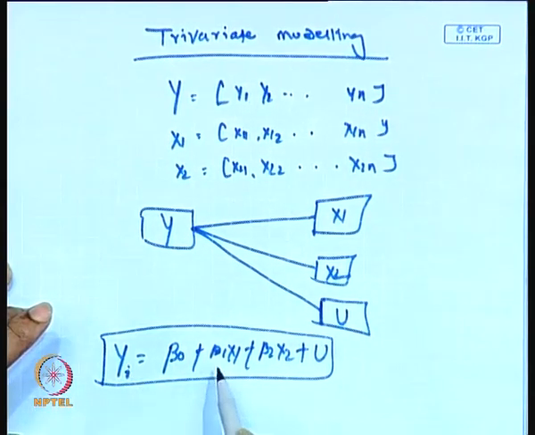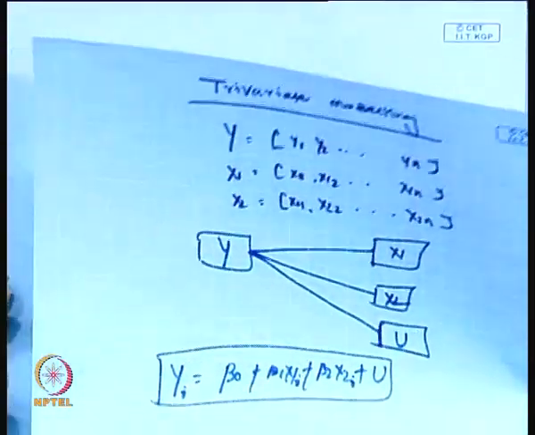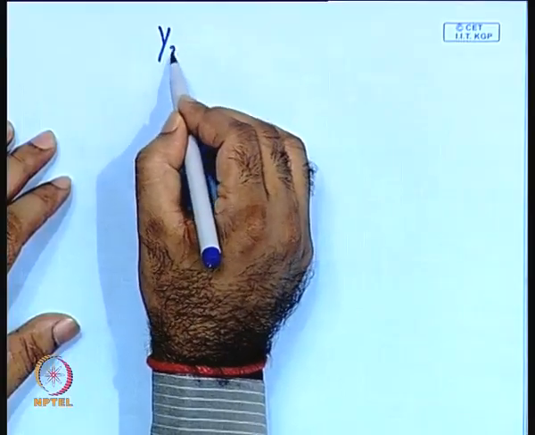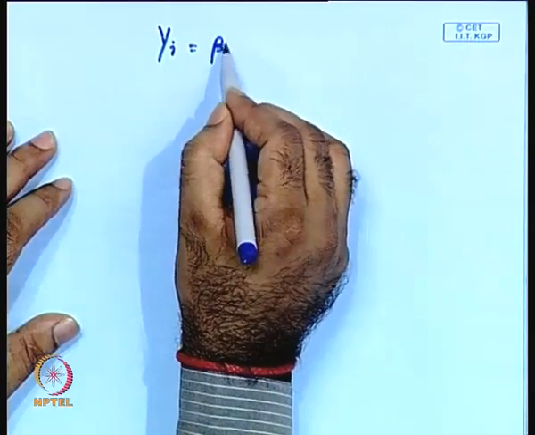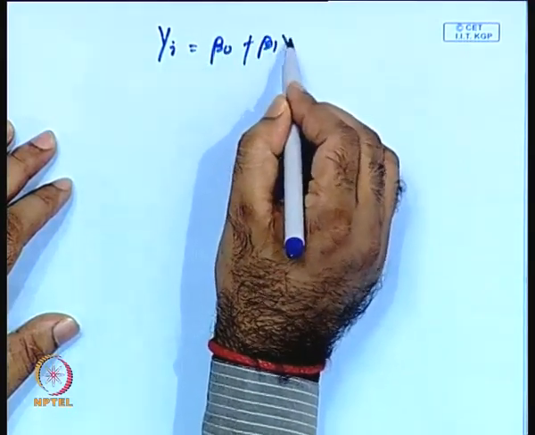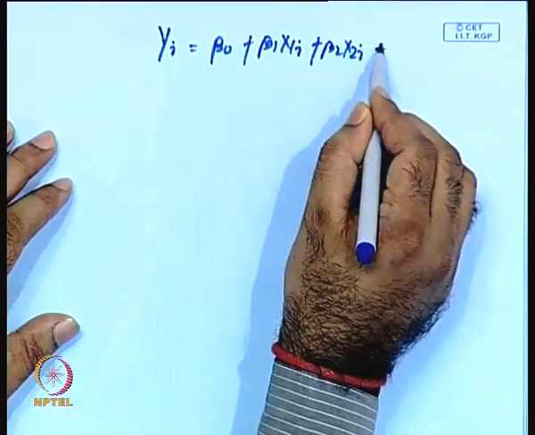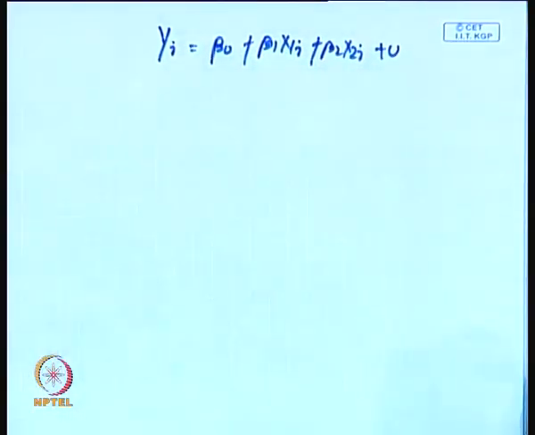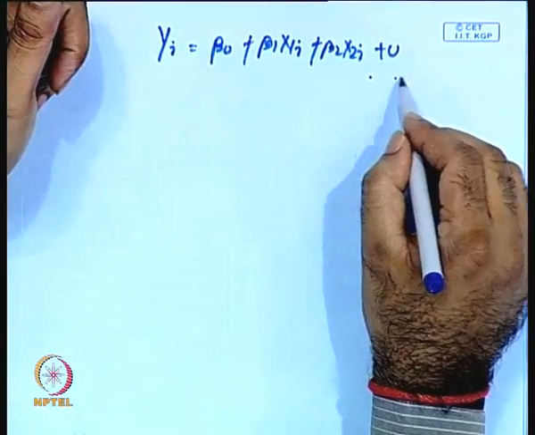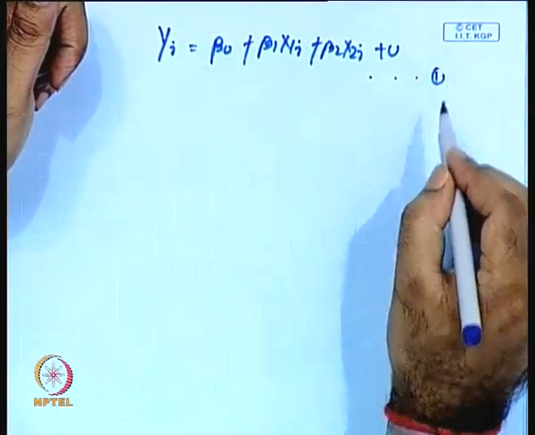Here I will put subscript i, so x1i, x2i. Let me put it in another way. So here the model will be yi equal to beta 0 plus beta 1 x1i plus beta 2 x2i plus u. So this is equation number 1.